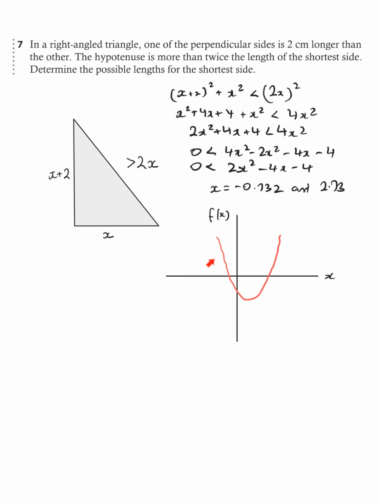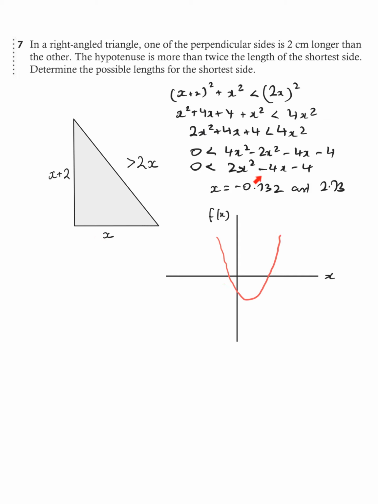Okay, so this graph here represents those 2 points. They're the roots of that function. Now when that function is greater than 0, you can see that that point is 2.73. So it's where x is greater than 2.73. Now we can ignore the negative because x has got to be greater than 0 for that to be a triangle.